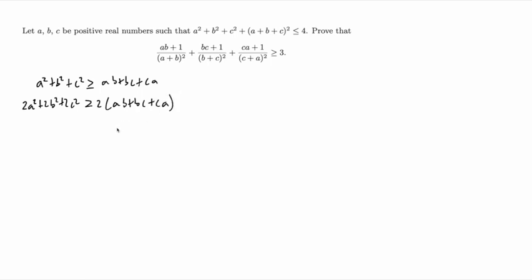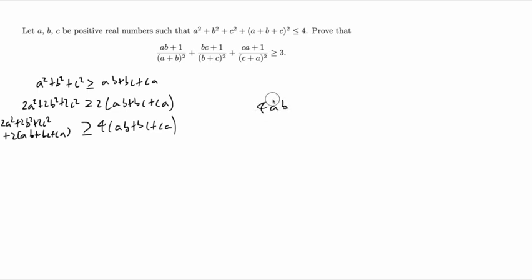And we know that if we add this thing one more time on both sides, like 2a squared plus 2b squared plus 2c squared plus 2ab plus bc plus ca, this is obviously greater than or equal to 4 times ab plus bc plus ca. So this is what we know, and we also know that this is equivalent to the form that we see right here.